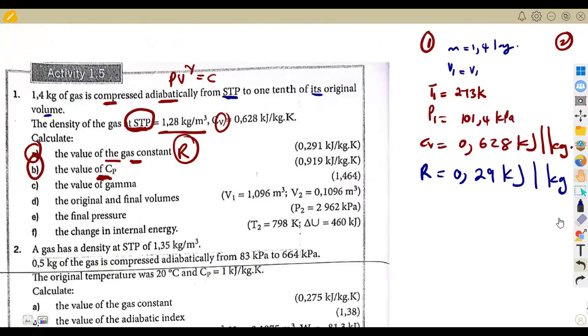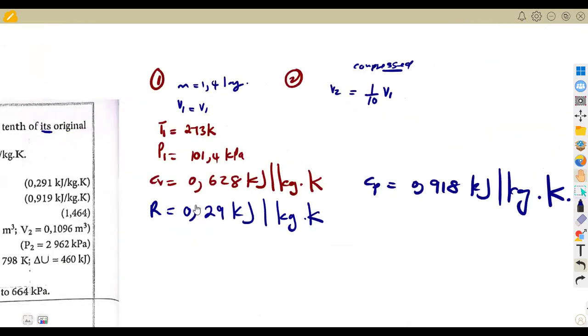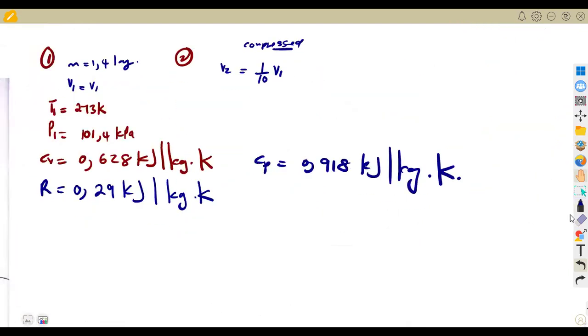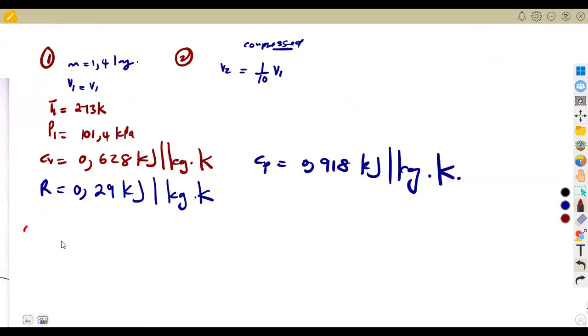All right, then the other part, the value of gamma. We are just given that it is adiabatic, but we are not given gamma. So how are we going to calculate our gamma? We had a similar question like this in the introduction, but it was to calculate n.